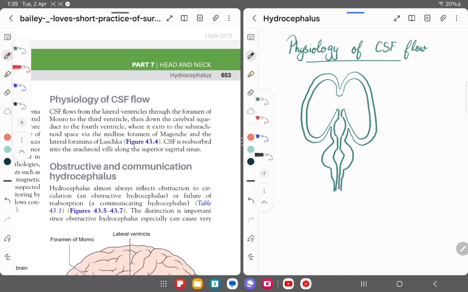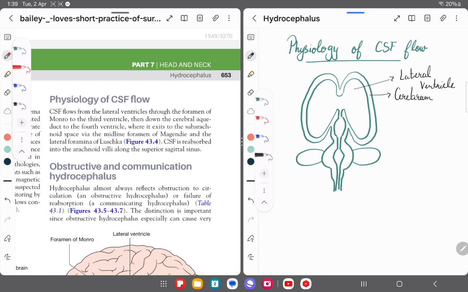Now let us label it. This is the cerebrum and the lateral ventricles. Now let us draw the cerebellum. So this is the cerebellum.